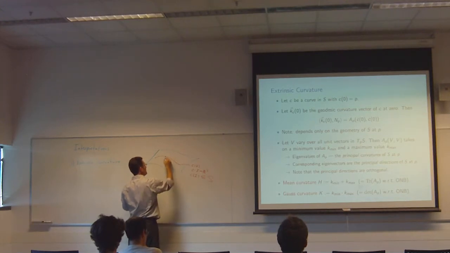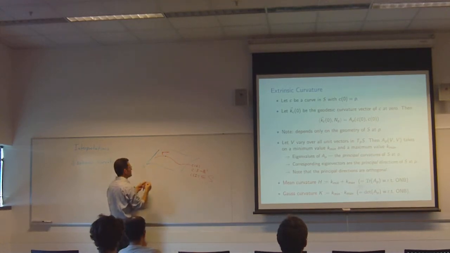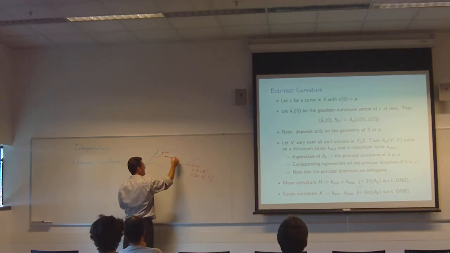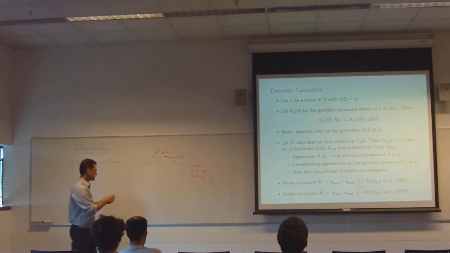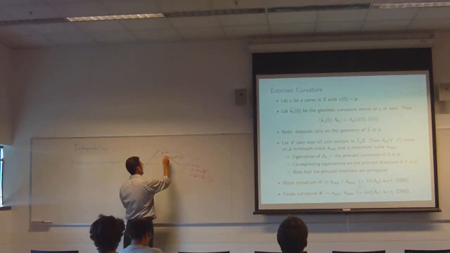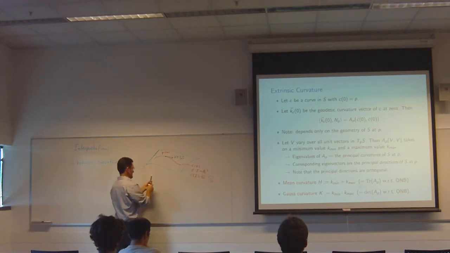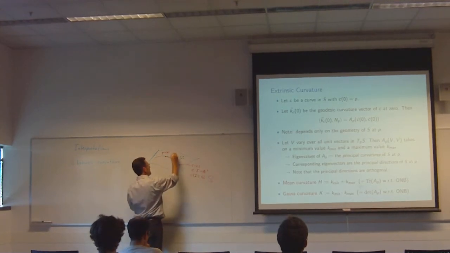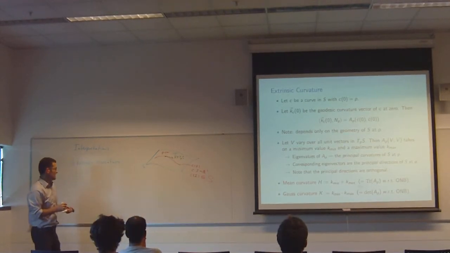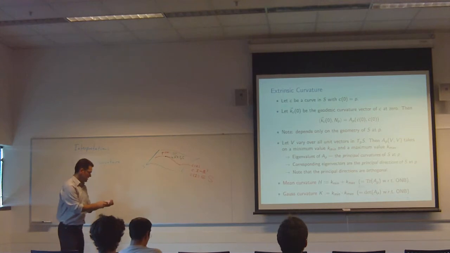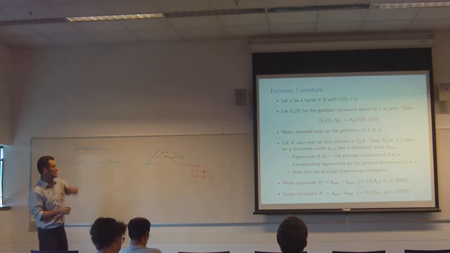Let's make this P, which is C of 0. Let's say the curve just happens to start at 0 there. And let's give this point a direction vector. X lives inside the tangent space of the surface. X is equal to c dot. So this is c dot at 0 equals x. Okay. So right. So this is our setup.